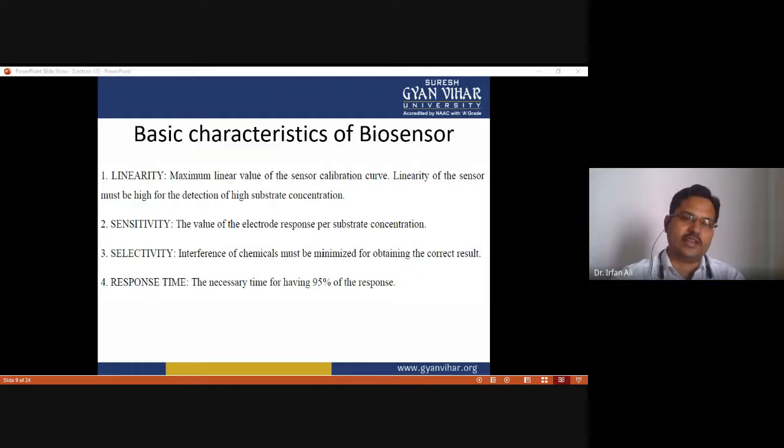Okay, so this is called selectivity. And response time is the necessary time for having 95% of the response. That's why the response time should be minimal. So a biosensor that has all these properties is called a good biosensor.